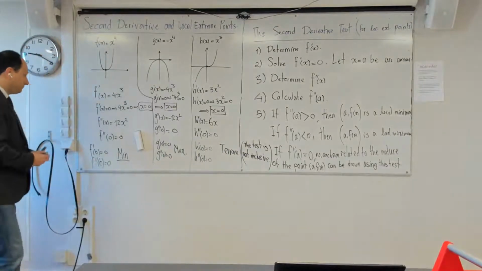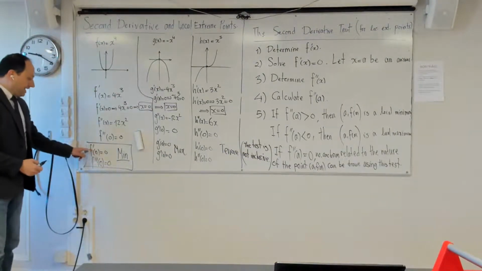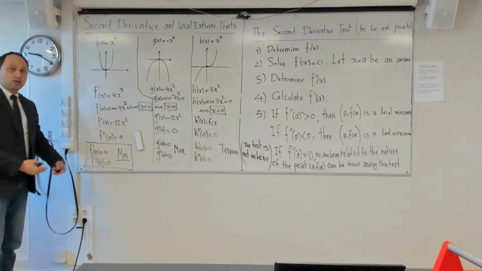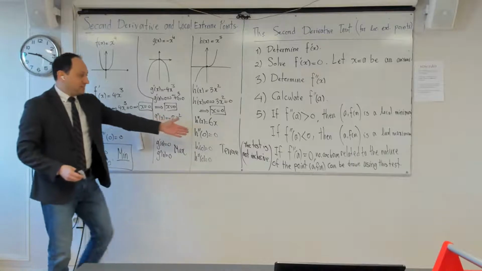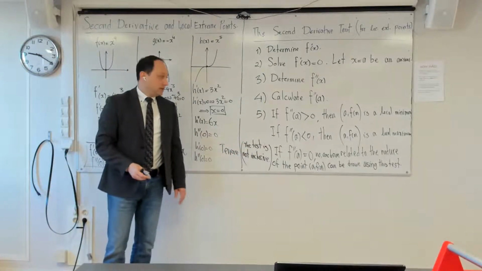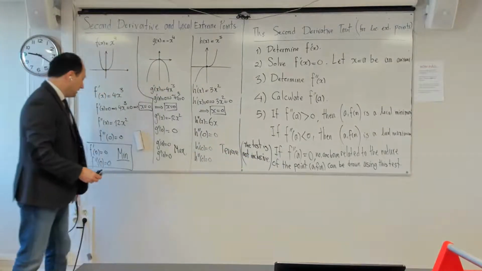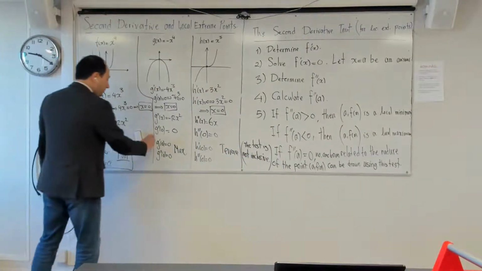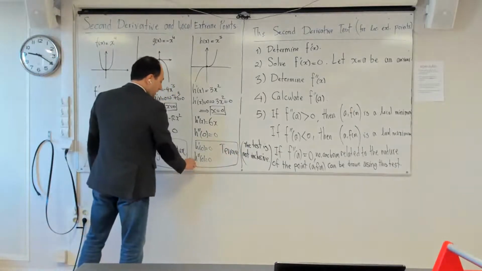So you see, when the first derivative and the second derivative are simultaneously equal to 0, the test is inconclusive. I cannot draw any conclusions because everything can happen. Yes, it can be a maximum, it can be a minimum, or it can be a terrace point. Okay, so be careful.